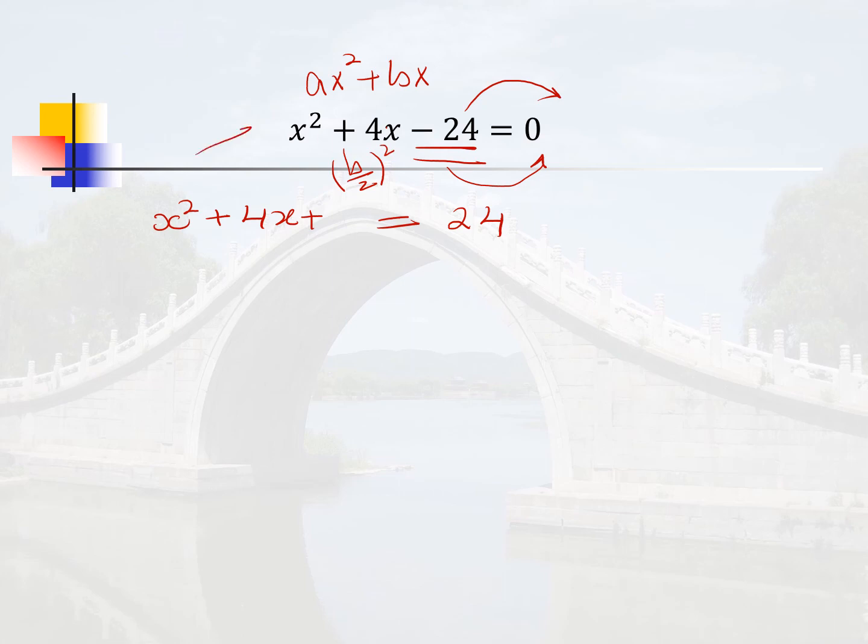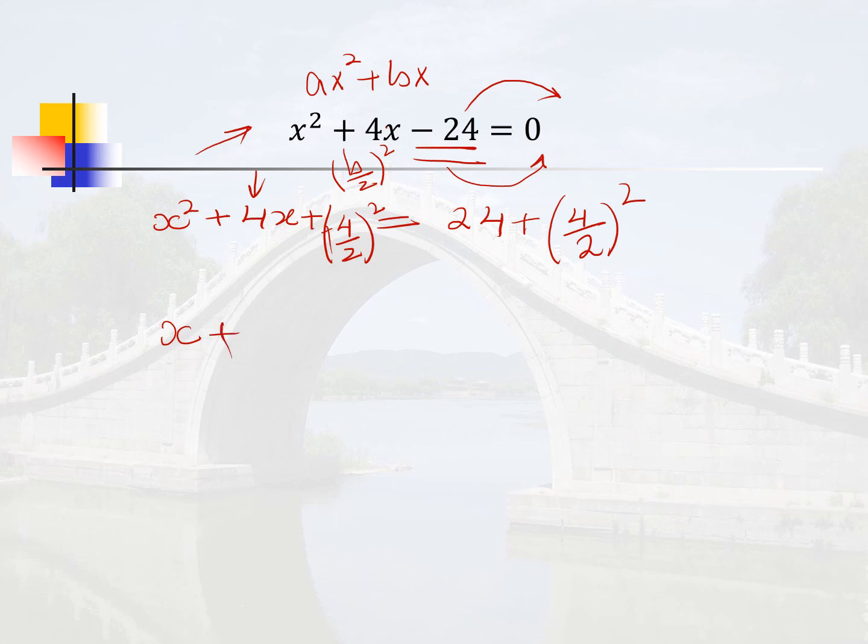So look at the question. In the question, b is 4. So you will write 4 over 2 whole square. Whatever you are writing on the left hand side, you have to write the same thing on the right hand side. Now shrink it. The square root of x square is x, and here inside it is plus, so you have to write plus.